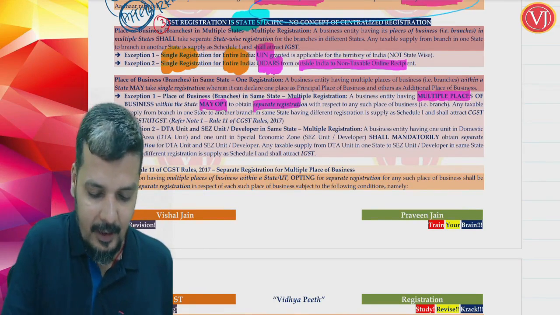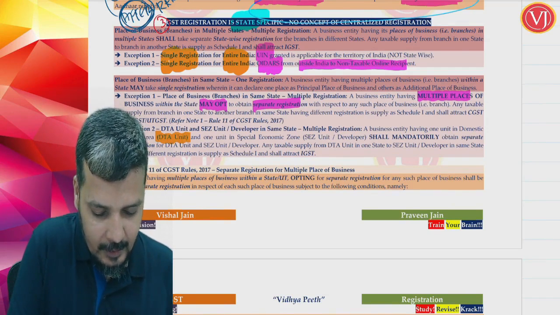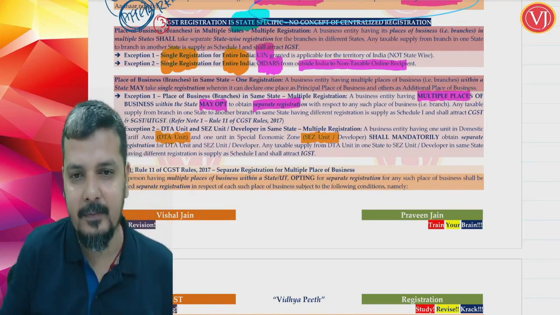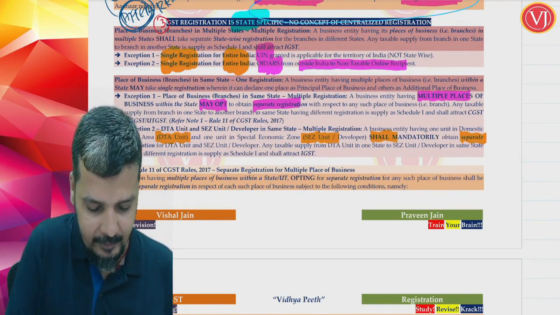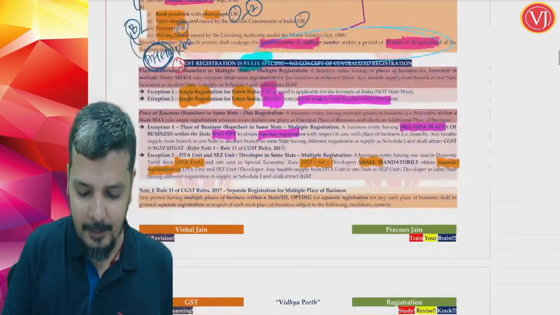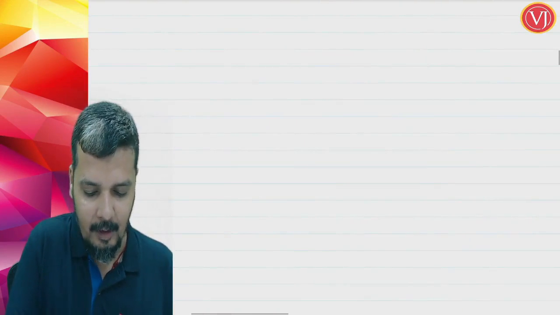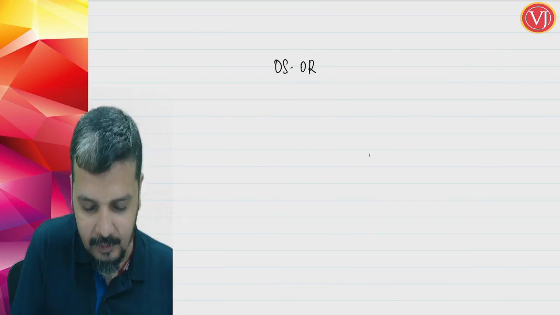There is one more exception. If you have a DTA unit as well as a special economic zone unit, then you shall mandatorily take separate registration. Now let me put this in this particular concept. Normal understanding is one state, one registration.